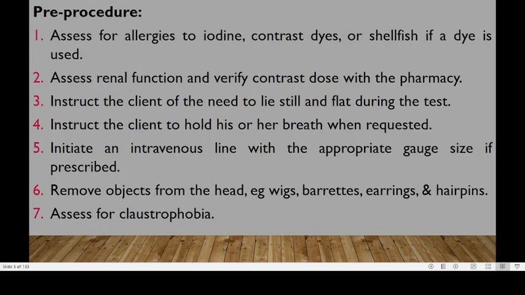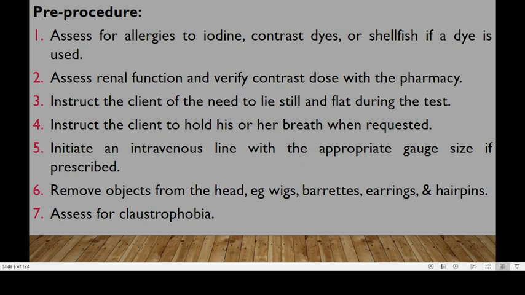Okay. So you have to assess for allergies to iodine, contrast, or shellfish and iodine if the dye is used. Remember, we just want to take care so that we don't have acute kidney injuries. We have to assess renal function and verify contrast dose with the pharmacy.